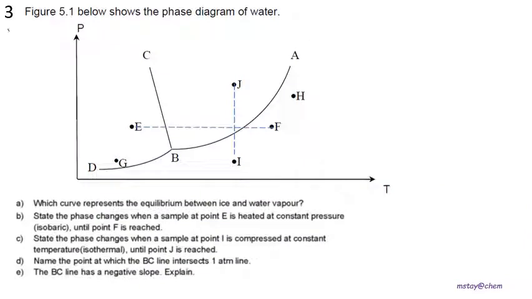Tutorial question number 3. This is the phase diagram of water. How do we know? Because the freezing curve is a negative slope. Next, question A. Which curve represents equilibrium between ice and water vapor?